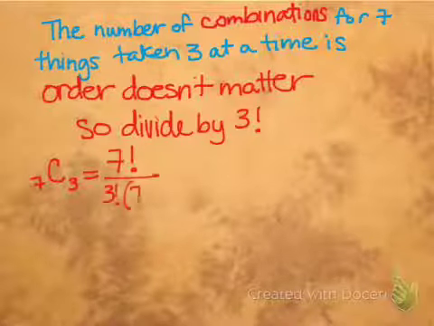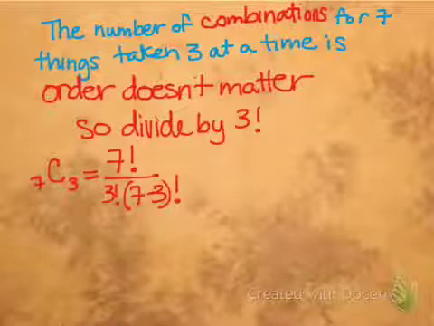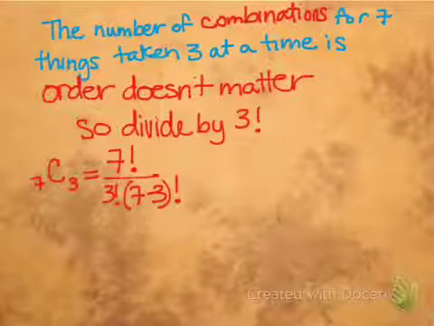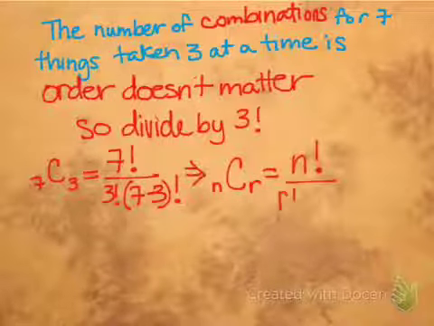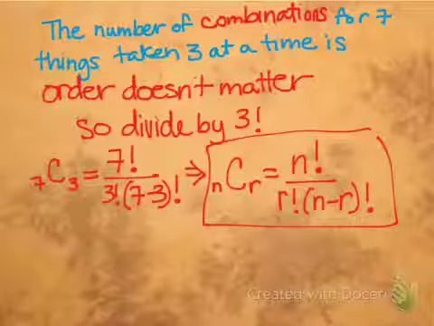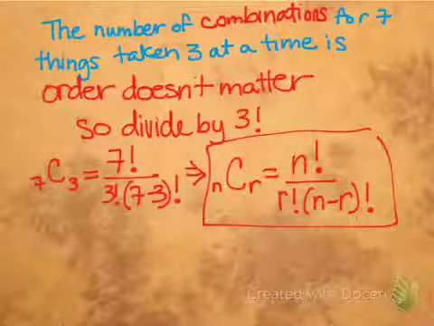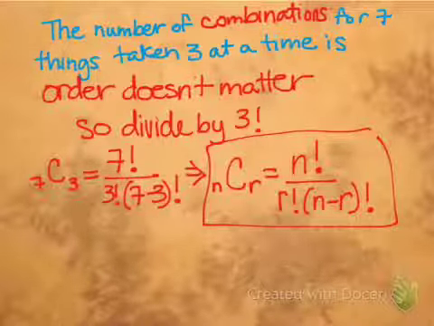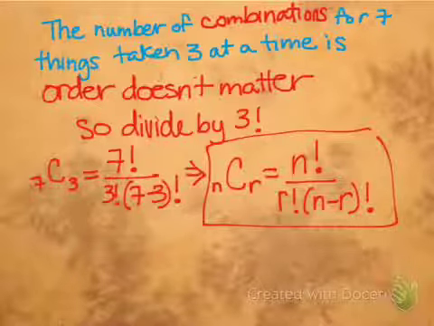So we would write a combination as 7 factorial over 7 minus 3 factorial, which we just figured out in the last problem. And then we want to divide that by 3 factorial. So that's where the equation comes from. nCr equals n factorial over r factorial times n minus r factorial. And again, if it doesn't make sense, it's not a big deal because you have the equation and you know how to use the equation. This is just more how the equations came to be.